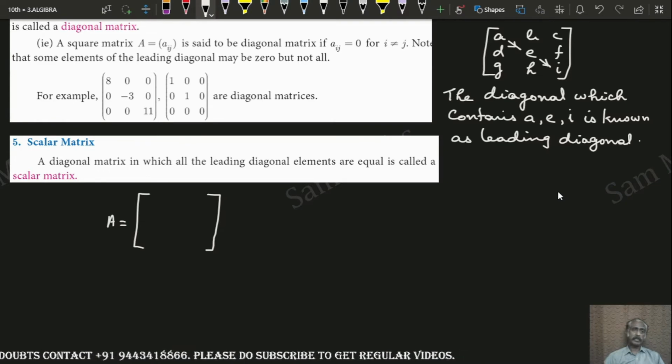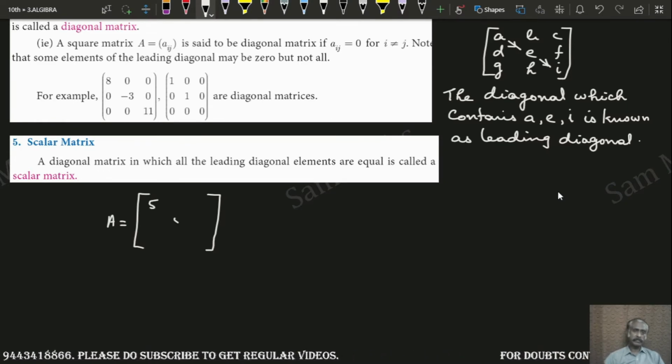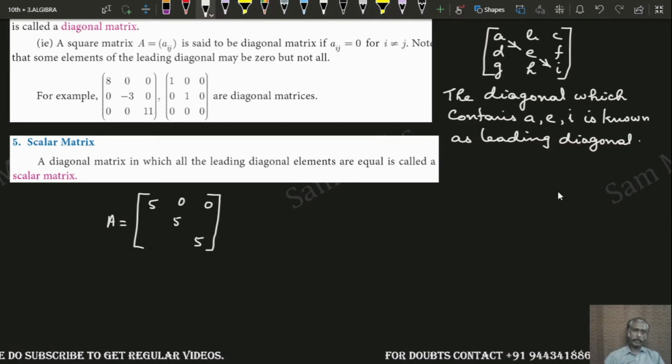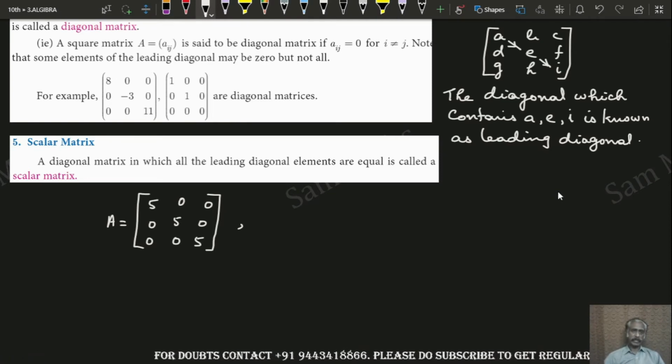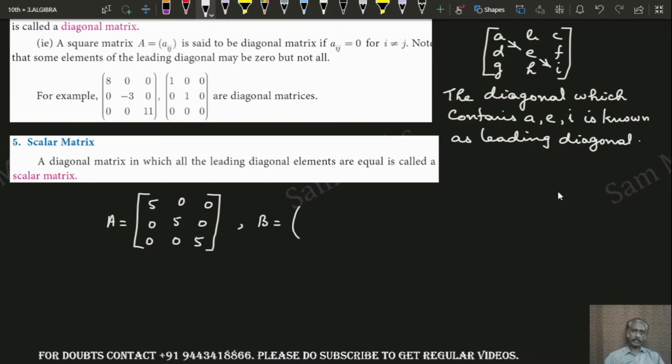Not only that, it must be a diagonal matrix. The diagonal elements must be same. Here I am considering all the entries are same. Other than that, all 0. This is known as scalar matrix.